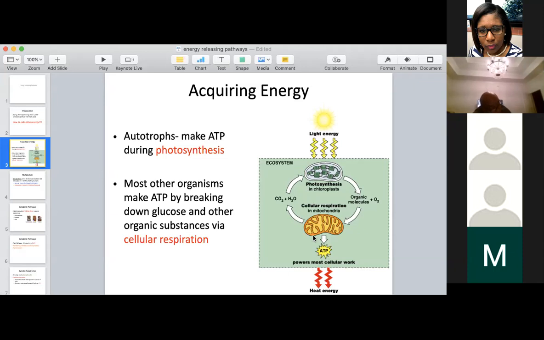And we know that when we speak of energy, we're talking about energy in the form of ATP. That's the storage form of energy in our bodies or in living things. ATP. So most organisms make ATP by breaking down glucose and other organic substances.